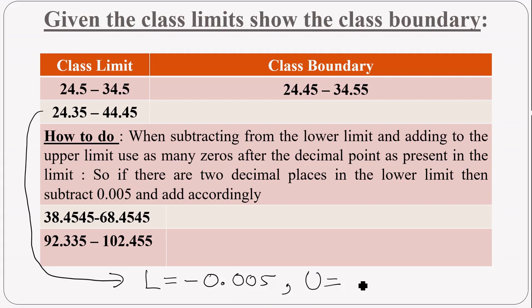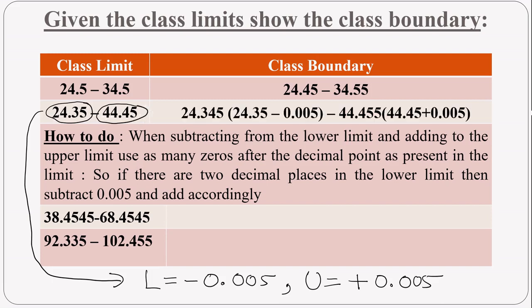And for the upper limit, we need to add 0.005. So for the lower limit, minus 0.005, and for the upper limit, we need to add 0.005. Is this clear, dear students? So the answer will be 24.345 and 44.455. So this is the answer for the second class limit.